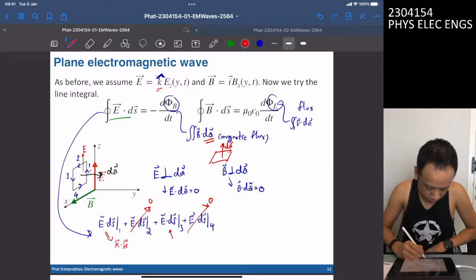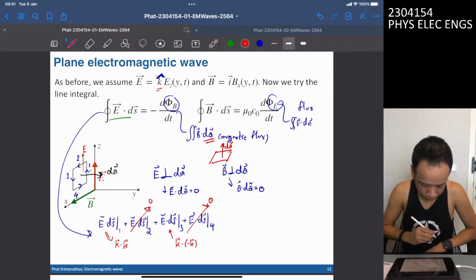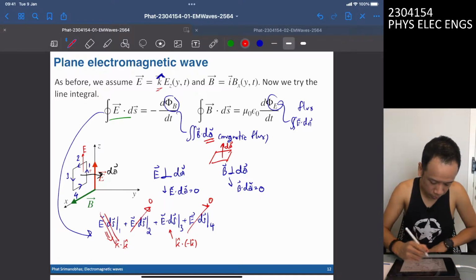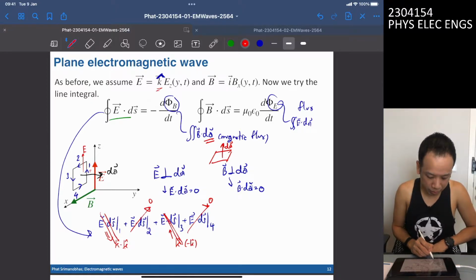But for surface 3, you can have E, which is in the k direction, dot for surface 3, the ds is in the minus k direction. Okay, so these two terms cancel. The size is exactly the same, right? E and ds, but the minus sign and plus sign coming from the dot product, which they are cancelled.